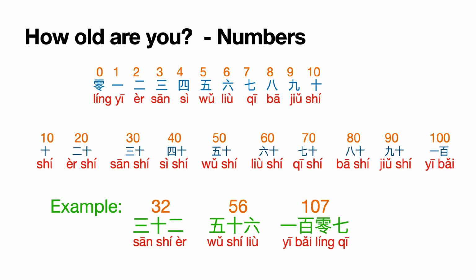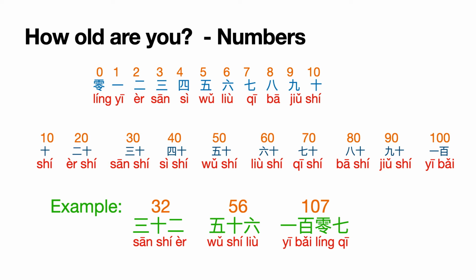二十, and 30 is 三十, 40, 四十, 50, 五十, 60, 六十, 70, 七十, 80, 八十, 90, 九十.